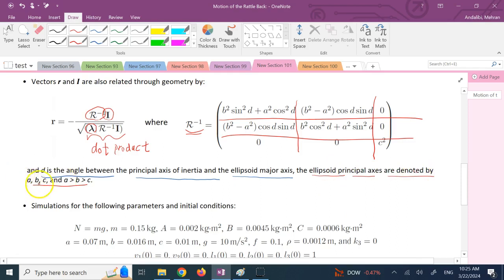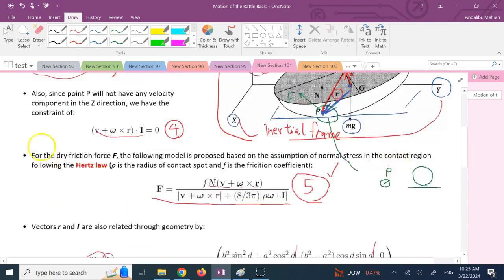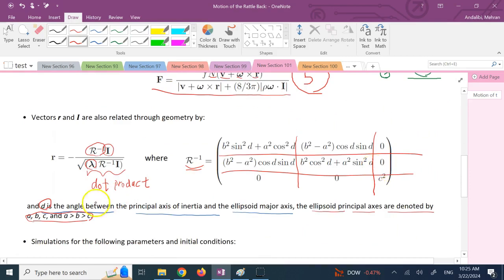So they are of units length, and here we assume that A is bigger than B, which is bigger than C. And D here is that angle that I initially mentioned, the angle of asymmetry, the angle which is between the principal axis of inertia and the actual, the theoretical ellipsoid axes, right? So you have the actual ones, which are due to asymmetry, and the theoretical ones, which are straight, passing through the endpoints.